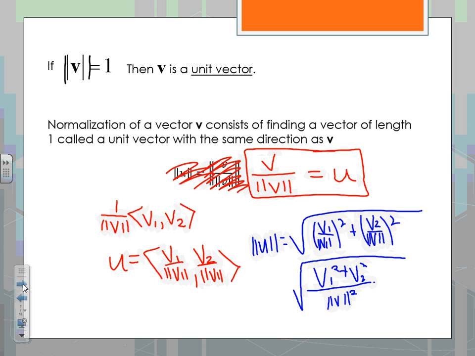What is v1 squared plus v2 squared? The magnitude, right? Squared. So you have magnitude squared over magnitude squared, which is 1. Do you believe me now?